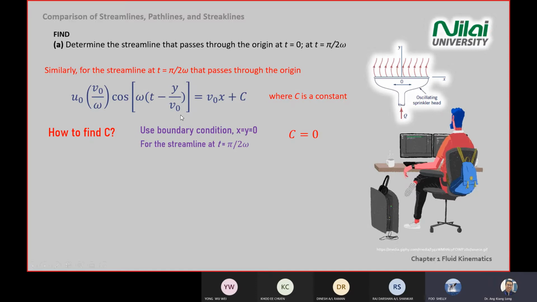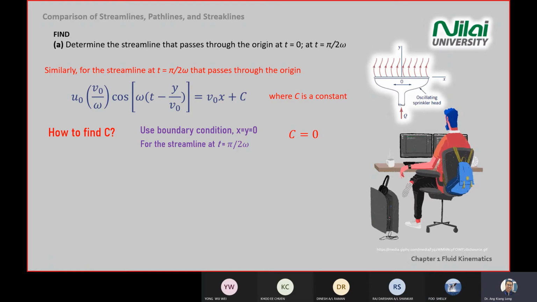If you simplify without pressing the digital number, you substitute t equal to pi over 2 omega and can cancel out all the terms inside. Like Shirley asked just now, if you substitute your t, you will get cos pi over 2.